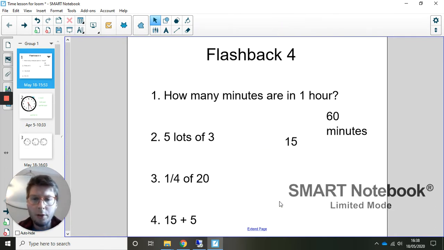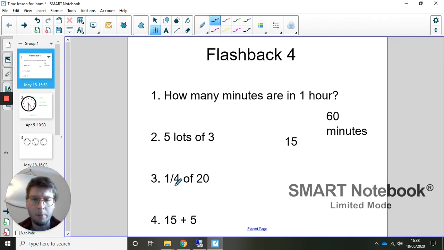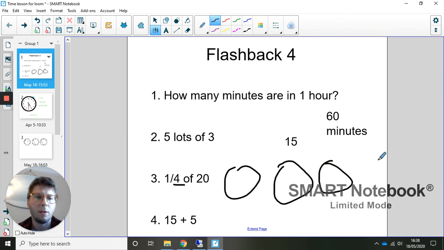Okay, 1/4 of 20. So for this one, like we've done lots of times now, if I'm splitting up, I need some hoops. My bottom number says 4, so I need 4 hoops. 1, 2, 3, 4.